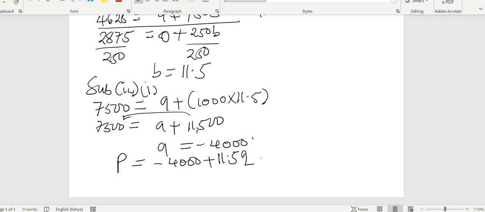But for supply, it has a positive slope. When the price of a product goes up, like during the time of farming, the supply increases. So what is this?